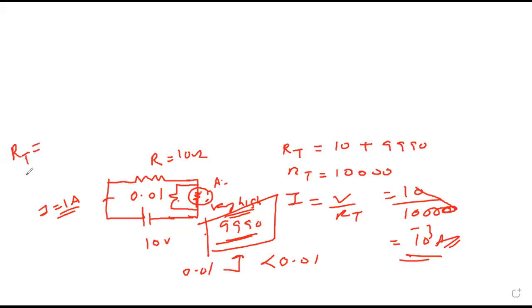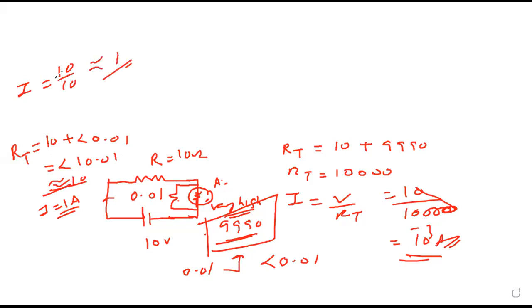So now my total resistance will be 10 plus something less than 0.01. So it is slightly less than 10.01, which is close to 10 again. So current I is voltage upon resistance will come nearly 1. So earlier which was faulty is again becoming accurate.